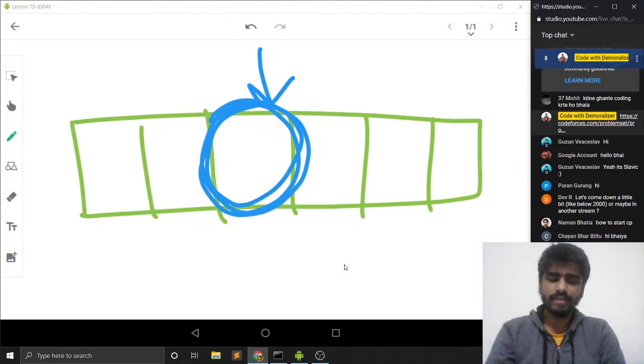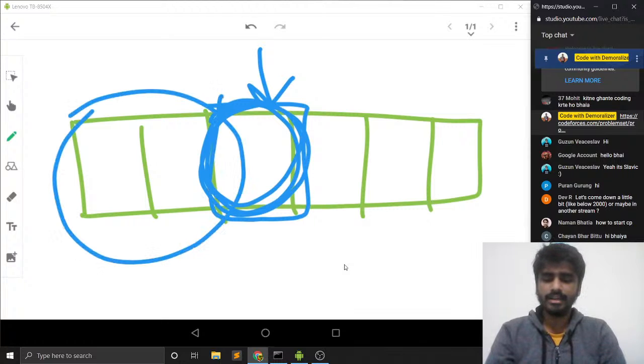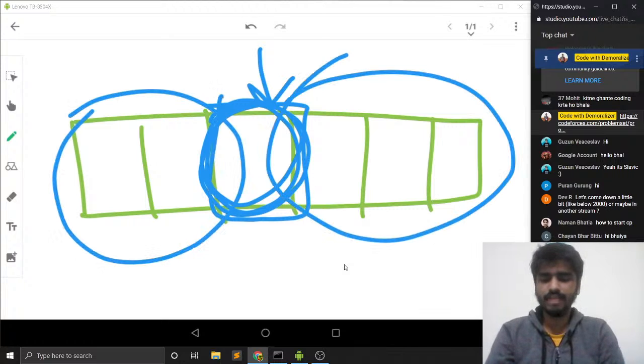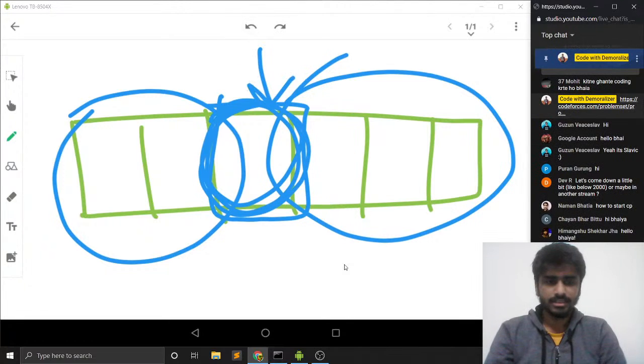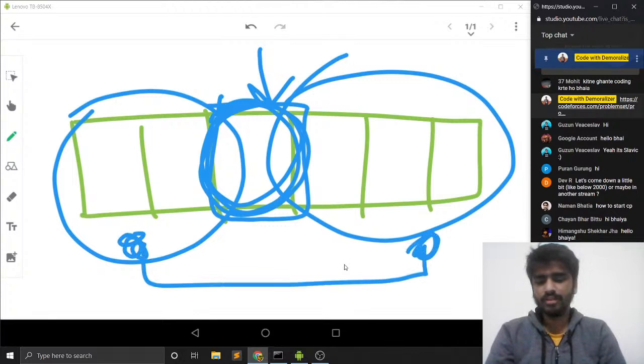What I'll do is pick the maximum element and then divide the array into two parts, leaving out the maximum element. Then for the maximum element, the ranges will be something like: we pick one element here and one here, and all of these ranges will be added to the answer.